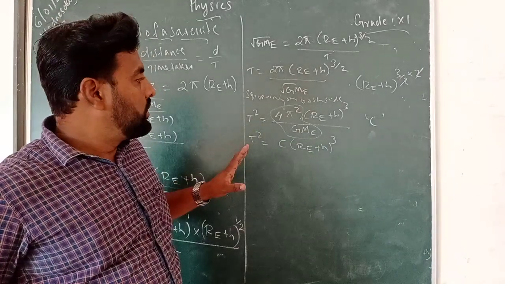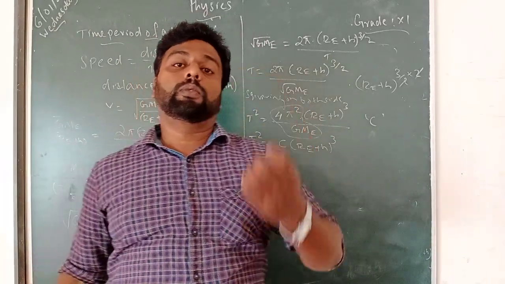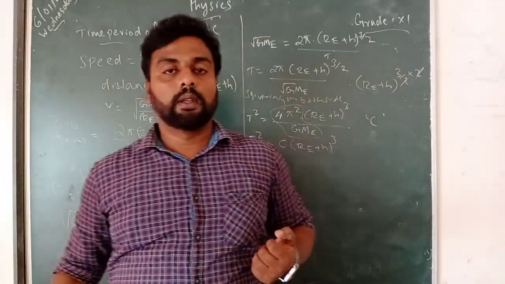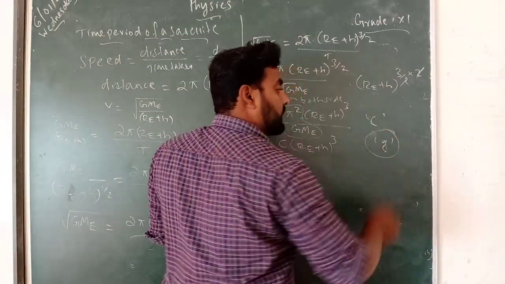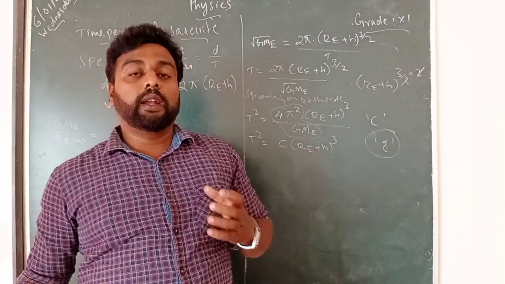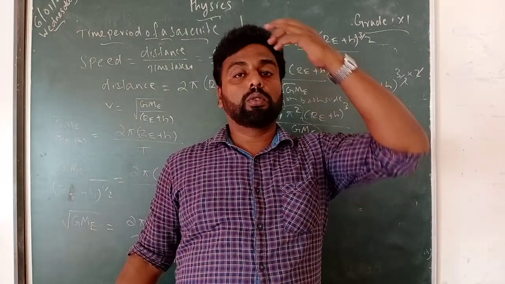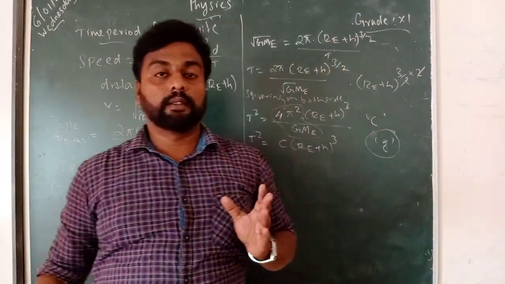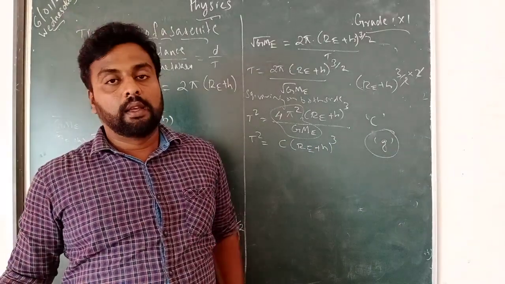Now you have to write this equation in terms of G, gravitational force, because this gravitational force is providing the centripetal force for this satellite to revolve around the earth. So we need to find the time period in terms of this g.